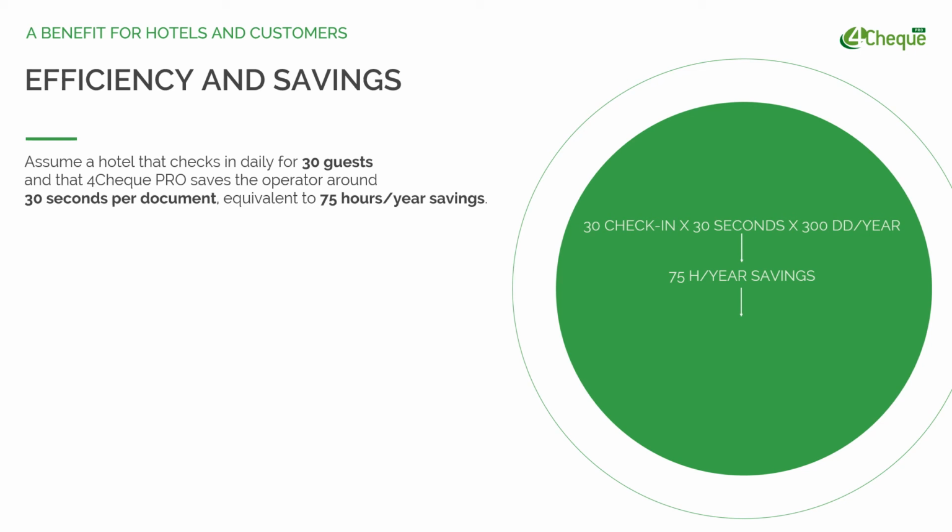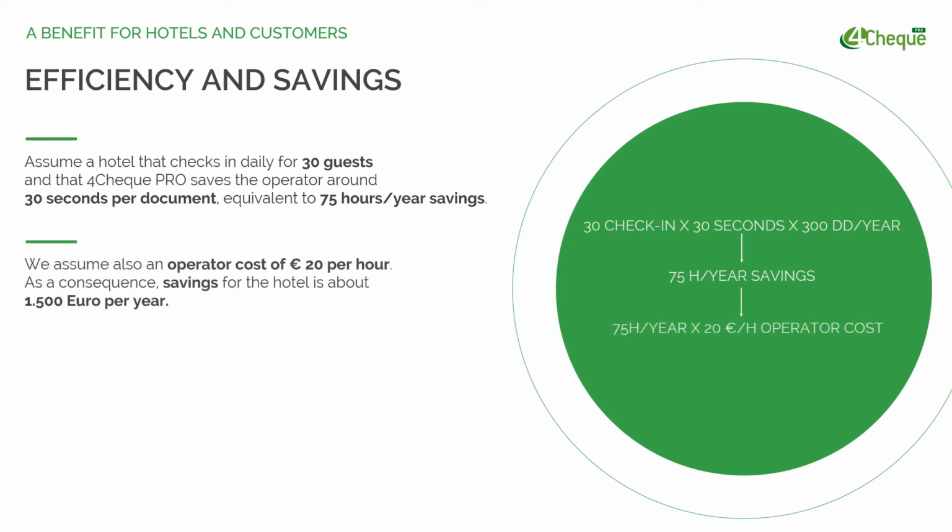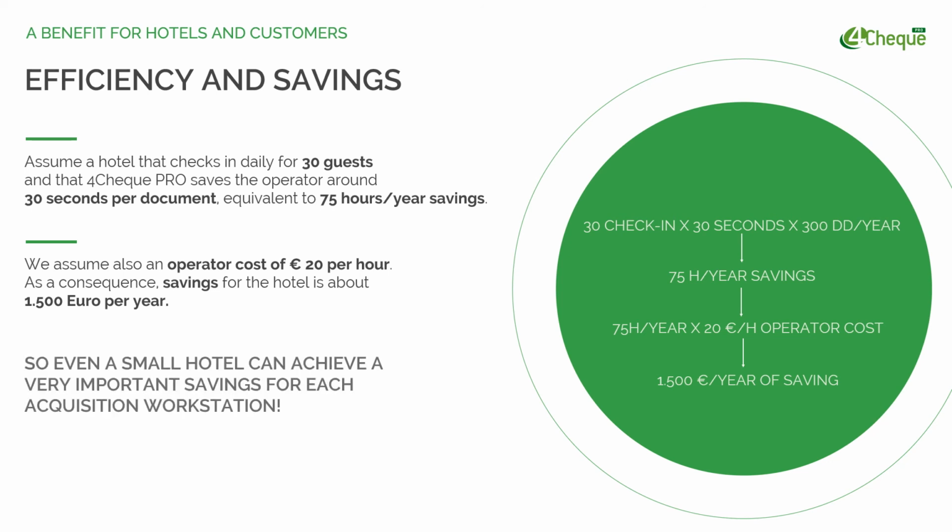This means that the annual savings is about 75 hours per person. Assuming an operator's cost of 20 euros per hour, the savings for the hotel is around 1,500 euros. So even a small hotel can achieve a very important saving for each acquisition workstation.